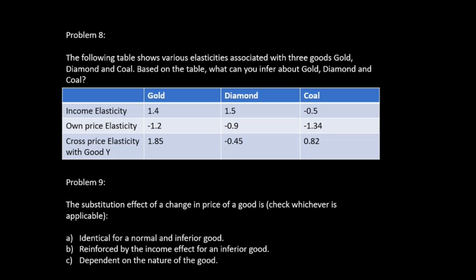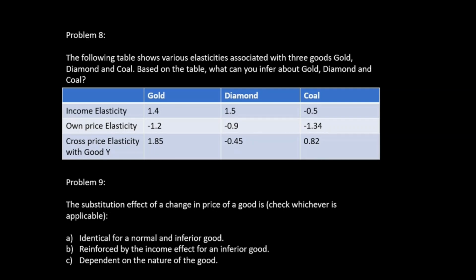Okay. Now the last one, cross price elasticity with some other good Y. Okay. So the cross price elasticity for gold is 1.85. So it's a positive cross price elasticity, which means probably gold and good Y could be substitutes of each other. Moving on to diamond, the cross price elasticity of diamond with good Y is minus 0.45, which is negative.